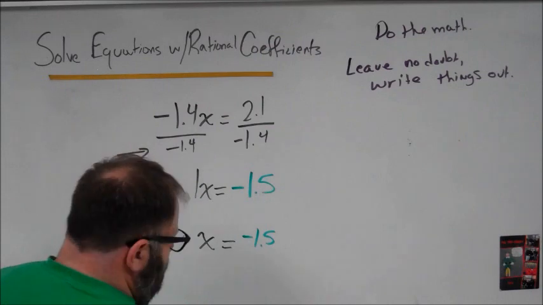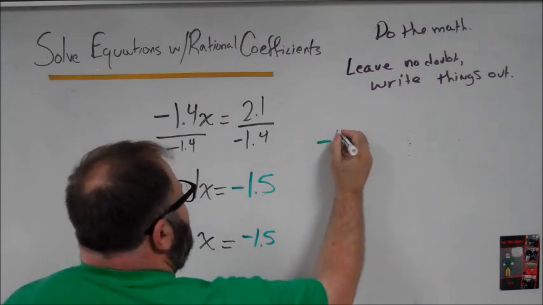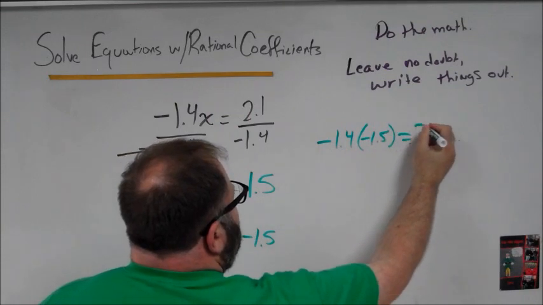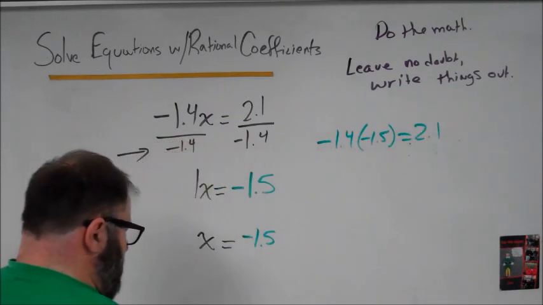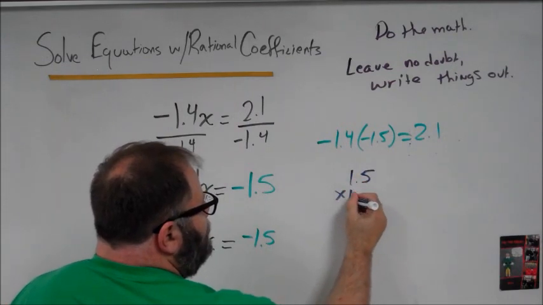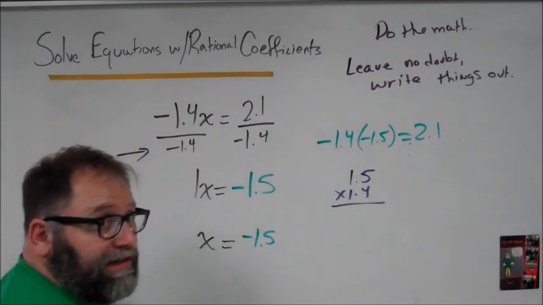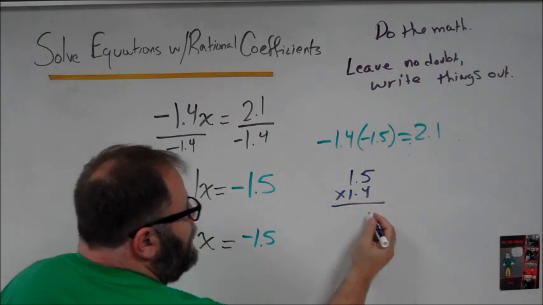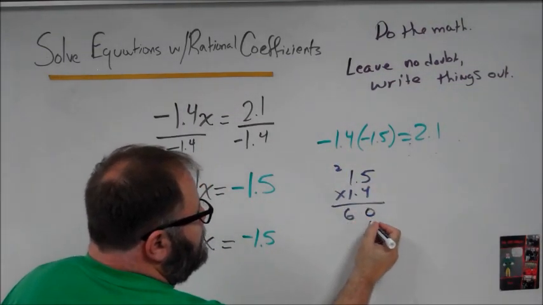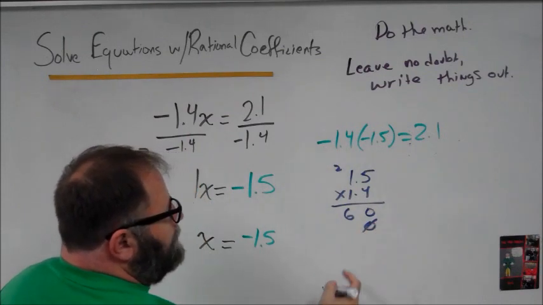What I've got is negative 1.4 times negative 1.5 equals 2.1. Let's rewrite that as 1.5 times 1.4, and let's do some math. 4 times 5 is 20, carry the 2. 4 times 1 plus 2 is 6. Annex a 0 here, that 0 is not there.